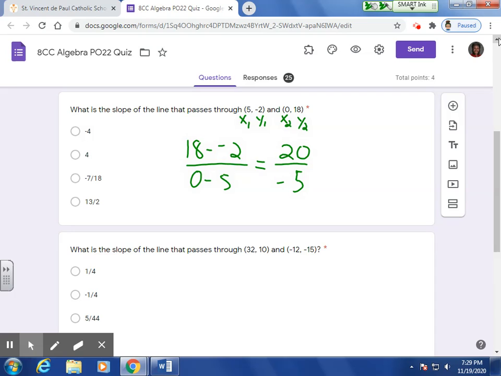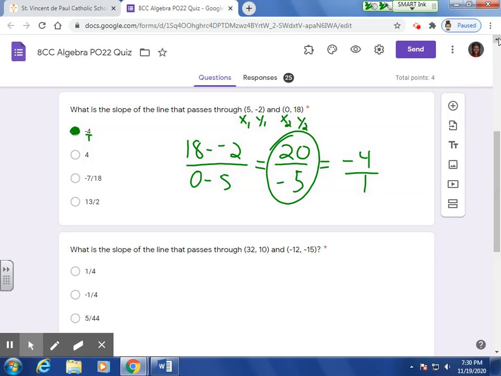And if you simplify it, to be -4 over 1, you'll notice that -4 over 1 isn't one of the options here, but slope is supposed to be a fraction, right? Well, remember, -4 is the same thing as -4 over 1, which makes this first option the correct answer. If you gave me this on a test, I would mark it incorrect because it should be simplified.